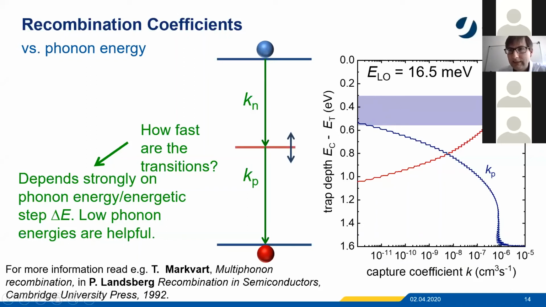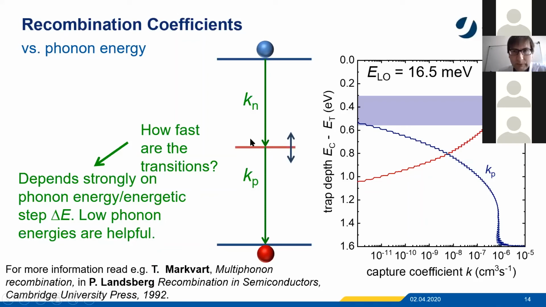So the capture for electrons would in principle be high in that theory, but the capture coefficient for holes would be that low that in total recombination would be quite inefficient. So based on that simple theory with parabolic potential energy surfaces and harmonic oscillators, you would expect recombination to be only efficient if you're very, very deep.